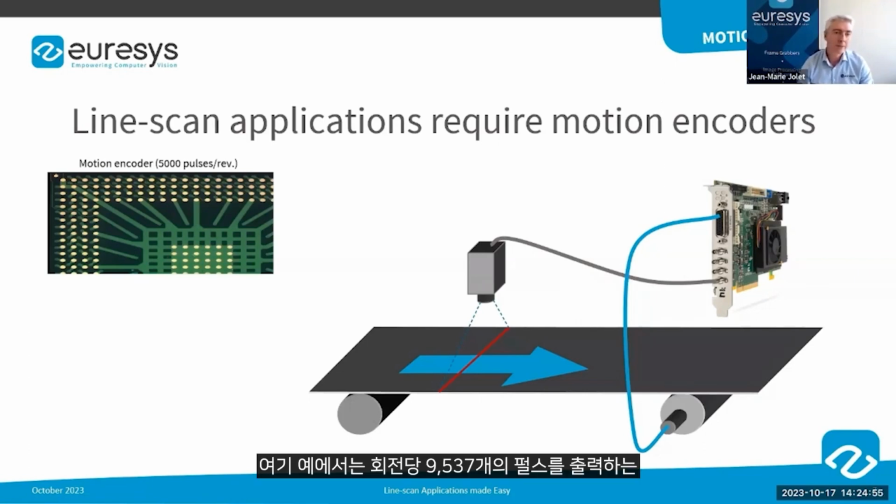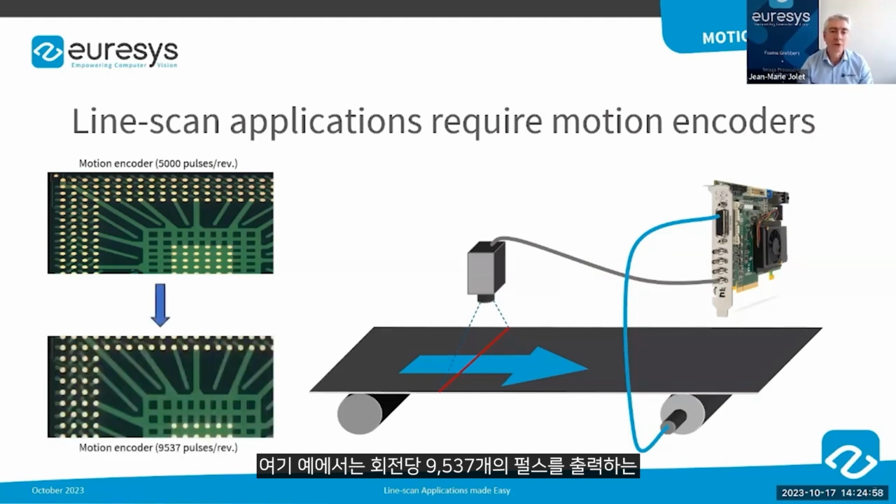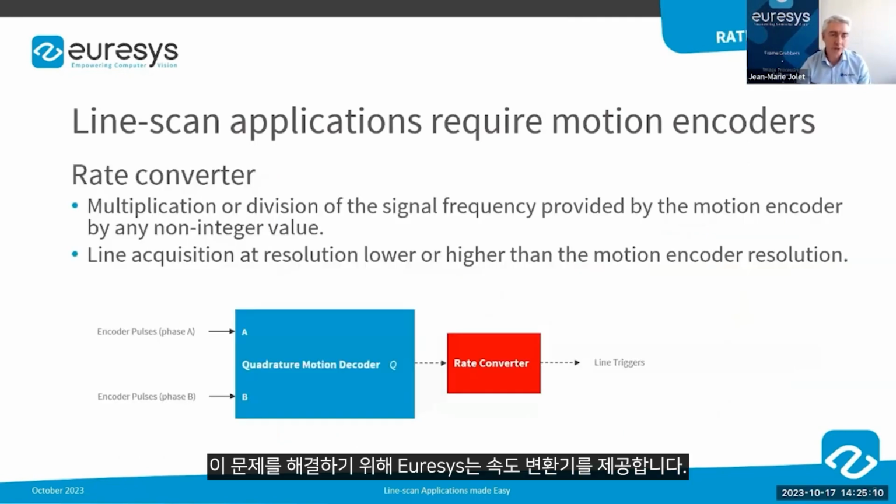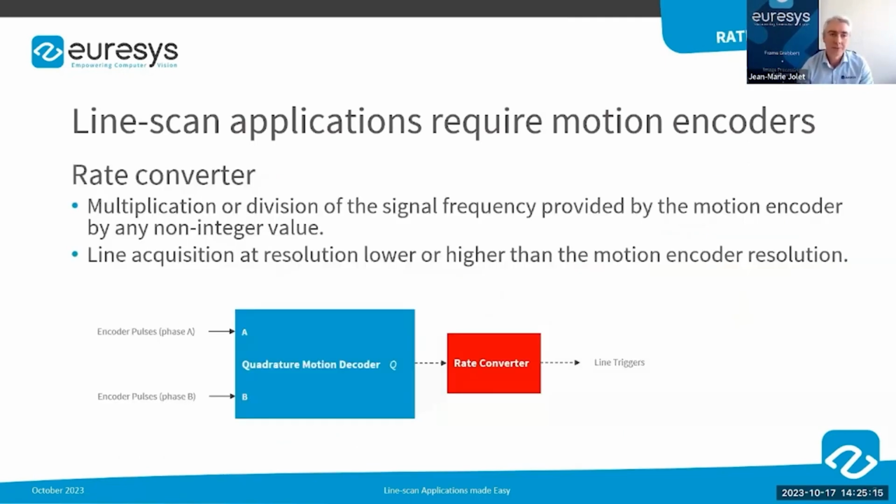In our example here, we need an encoder which outputs 9,537 pulses per revolution. And of course, I'm not quite sure that such an encoder is really readily available in the market.